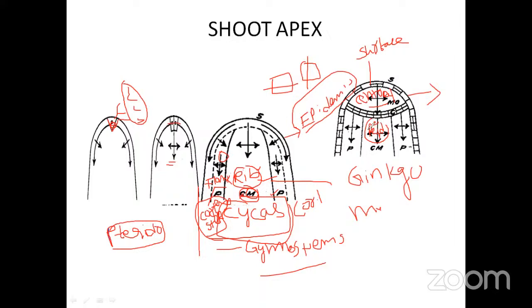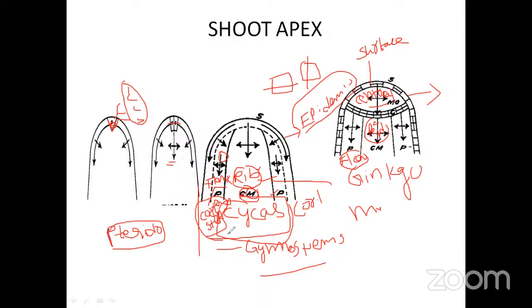Flank meristem: what forms from the flank meristem? Same, cortex and stele except the medulla region. Is it clear?